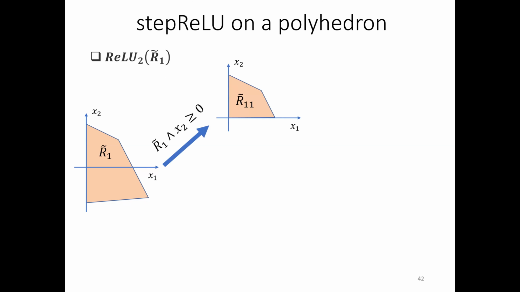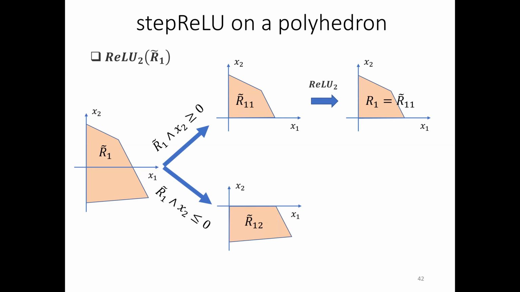Here, we also need to consider two cases. The first case is x2 is larger than 0. Then you apply the step ReLU on this set. What do you get? You get the same, right? In the other case, when you have x2 smaller than 0, you get this subset, and then you apply the step ReLU on this subset.